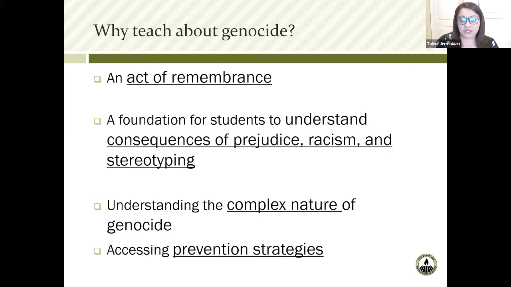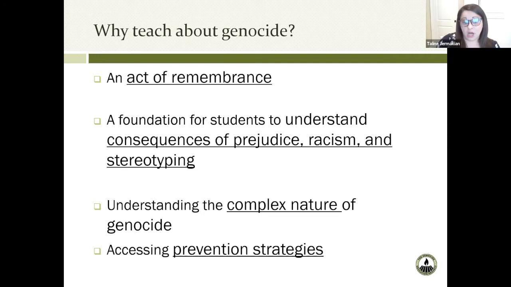It's a foundation for students to understand very modern and old concepts of prejudice, racism, and stereotyping. These are things that our students deal with, that we deal with on a daily basis. And we can see, when they get taken to the extreme, the consequences that these concepts have in our day-to-day life.